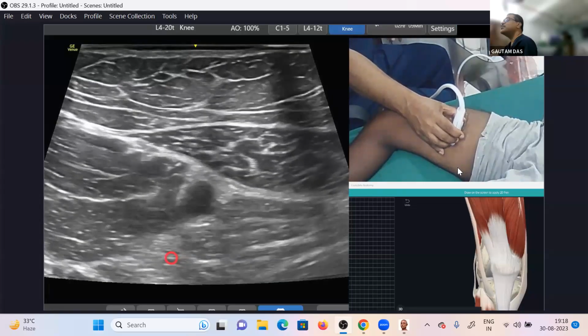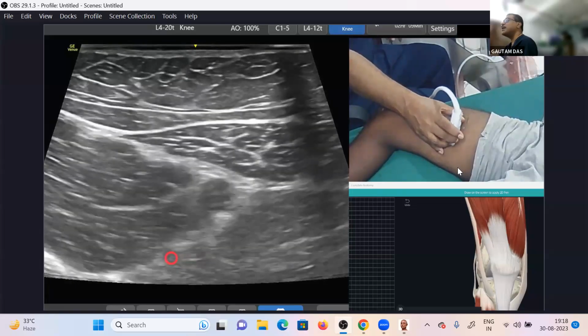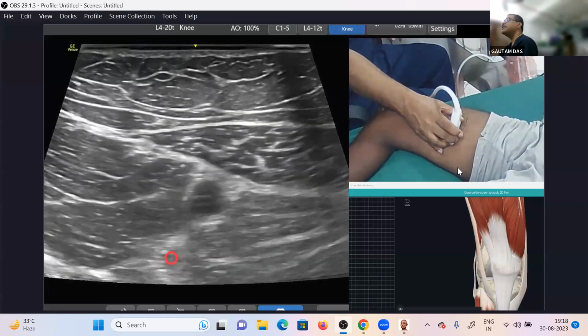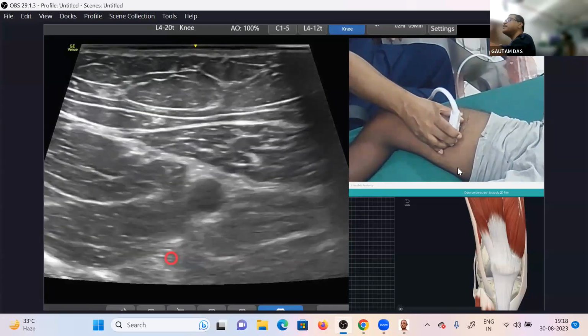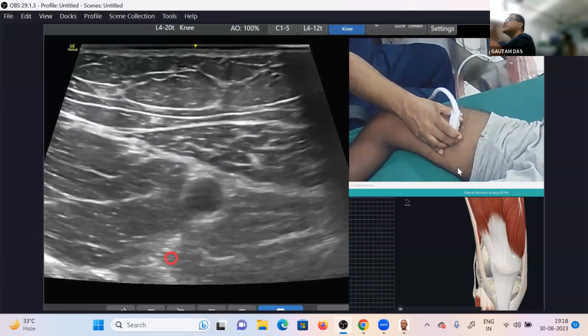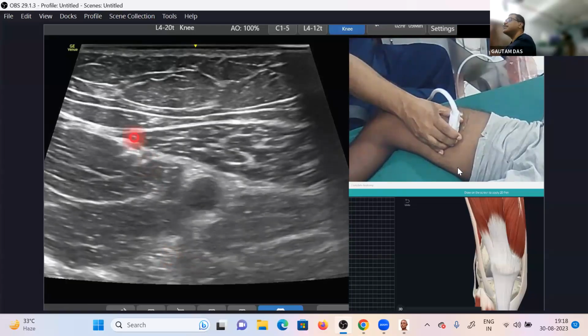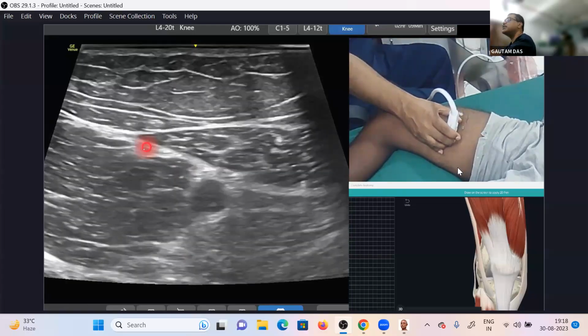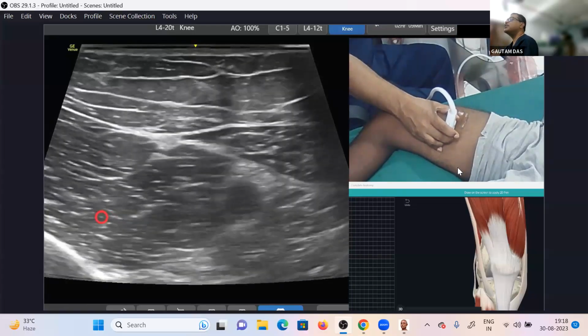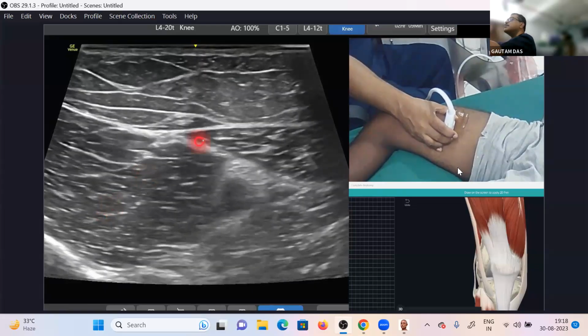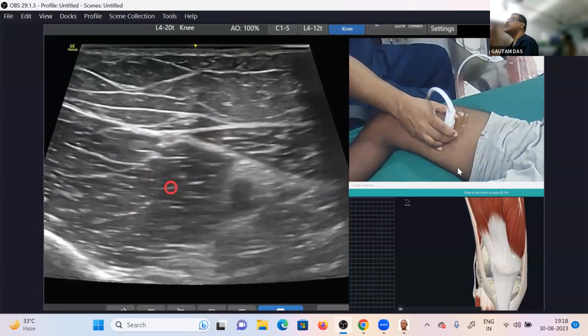Okay, so now follow this. I am coming down. So what is happening? These nerves are going above. Follow these nerves here. The nerve to vastus medialis will be going medially. I'm just following this muscle, which nerve is there on the medial corner of the sartorius.